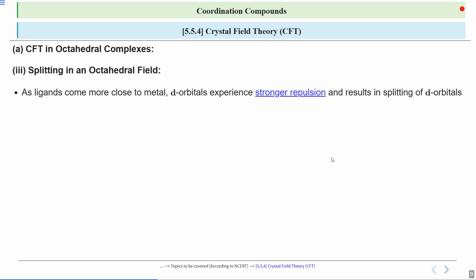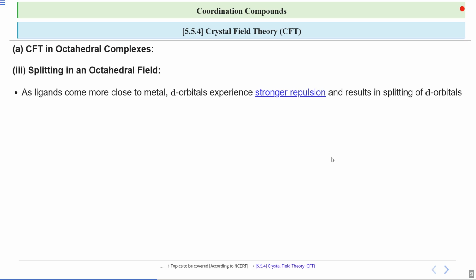When the ligands approach and interact with the metal d orbitals, the ligand electrons repel the d orbital electrons. Due to this stronger repulsion as the ligands come closer, the splitting of the d orbitals happens.